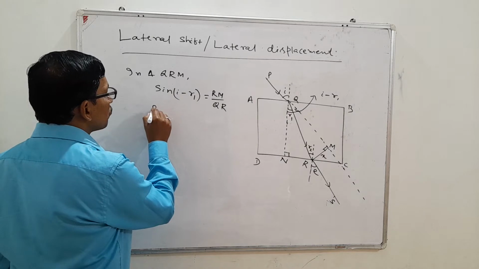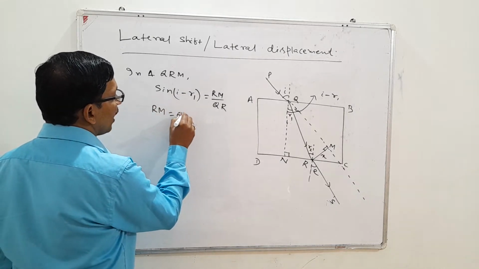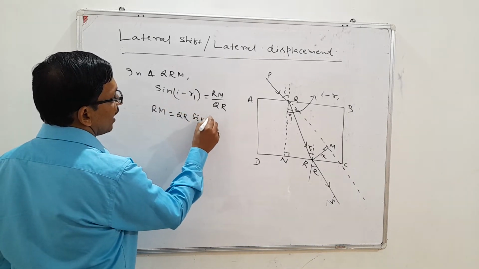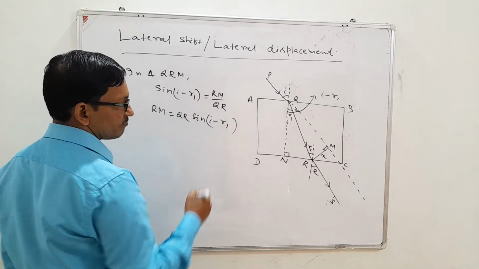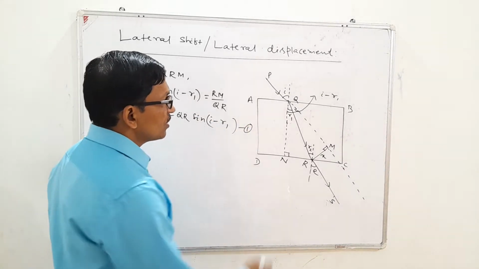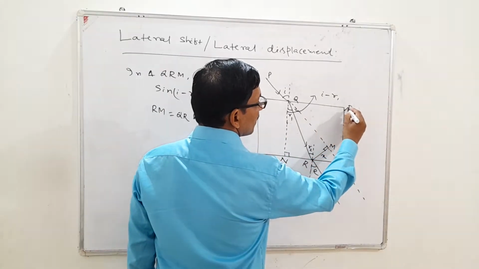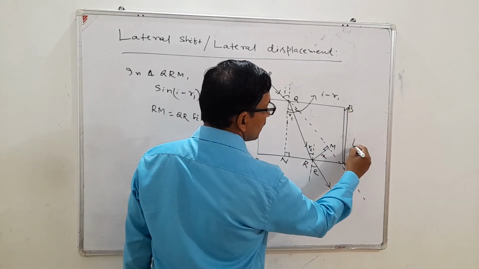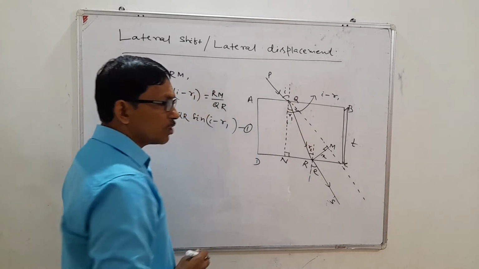So RM is equal to QR sin (I minus R1). Let it be equation 1. Suppose the thickness of the glass slab is t. So QN is equal to t.